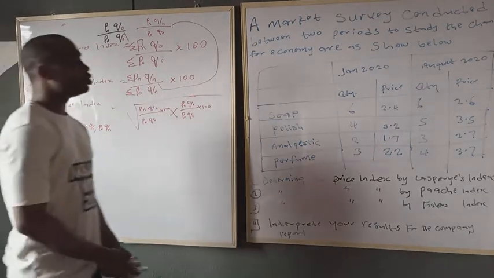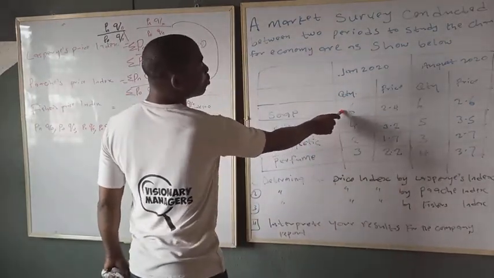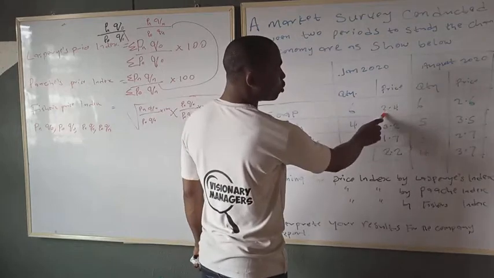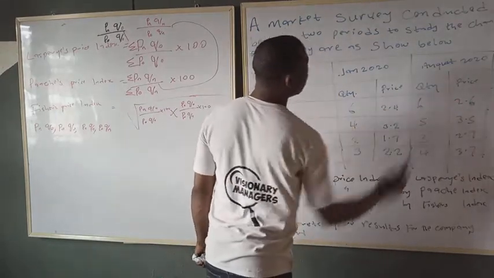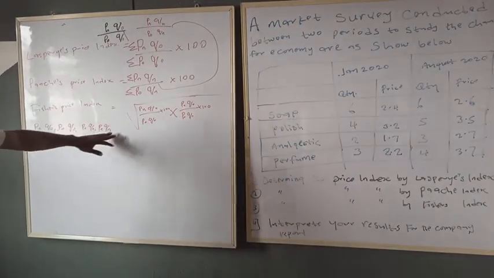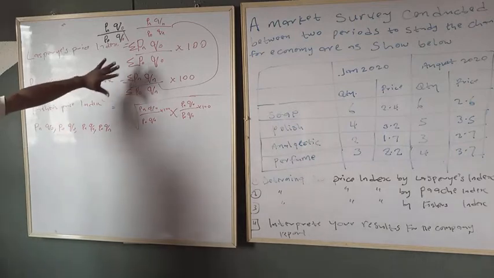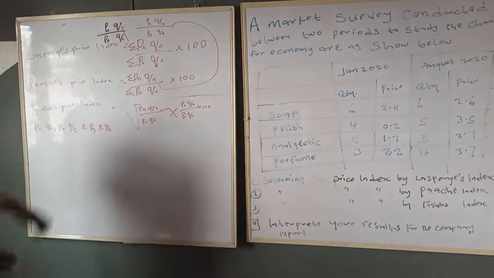So what are we going to do now? We know that this is our P, this is our Q0, and this is our P0. This is our QN, and this is our PN. So we are now going to create a table where we will be getting all this one solved. So once we get all this one solved, then we're able to solve all this we're asked to solve.